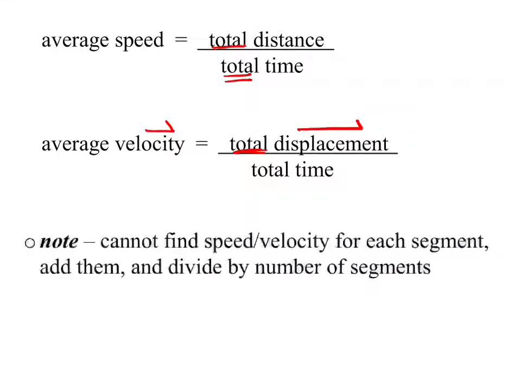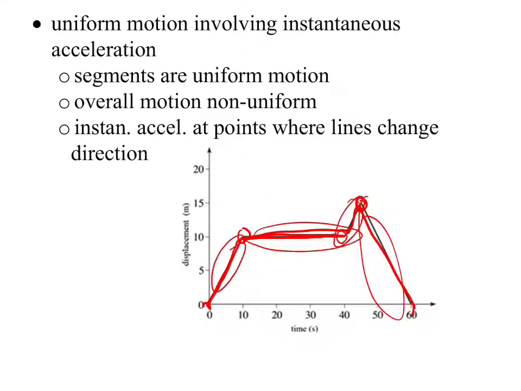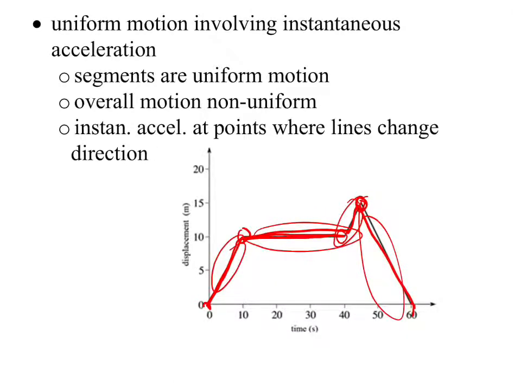Just a really quick note here. A lot of people want to find average speed or average velocity by finding the speeds or the velocity at each point of a graph like this, and then averaging them. You absolutely cannot do that. That is not finding average, because that's not accounting for the fact that you might have different time intervals, right? So here it has a positive velocity for 10 seconds, and then it rests for 40 seconds.